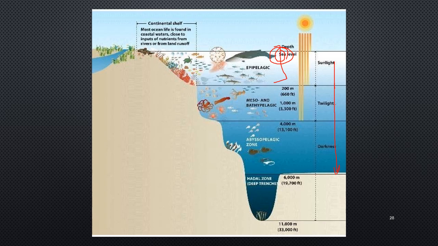And I think it's very cool that there's a place still on Earth that is yet to be explored. But we have seen some things from it. We do have a little bit of research that's gone into it. So since we're talking about fish, I want to just talk about the deep sea fish that we do know about. And for that, we're going to be talking about either the abyssopelagic or the hadal zone. So that's what I mean by the deep sea.